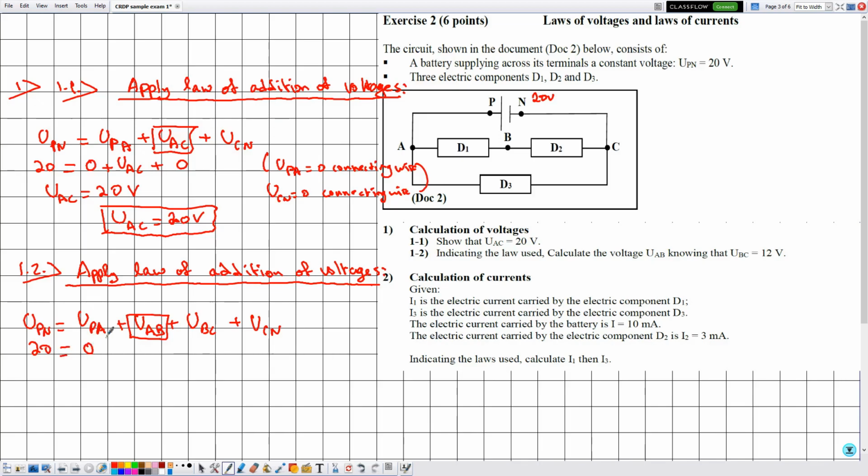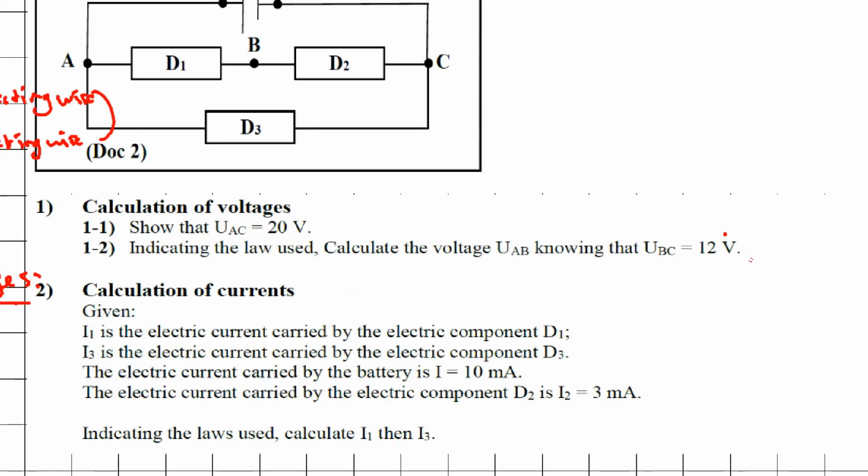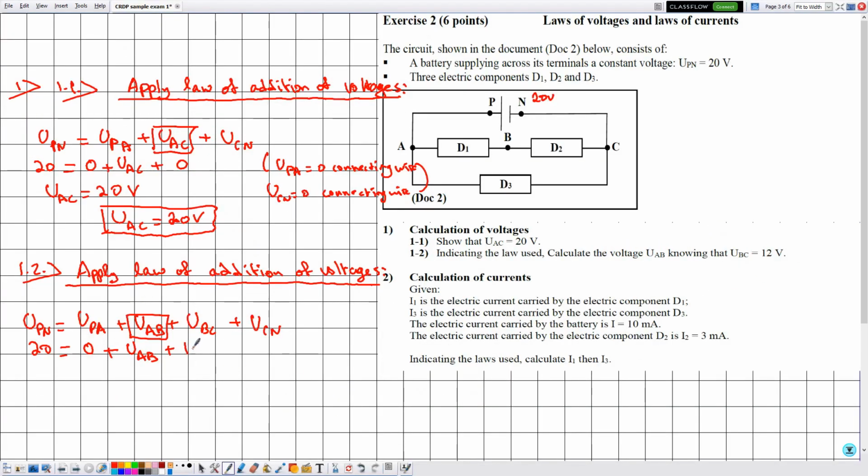UPA is equal to 0, already justified. And we keep UAB as a variable because we are interested in determining it, plus UBC, which is equal to 12 because it's given. Here there is no need to justify that UBC is equal to 12 because it's given. Plus UCN is equal to 0, already justified.